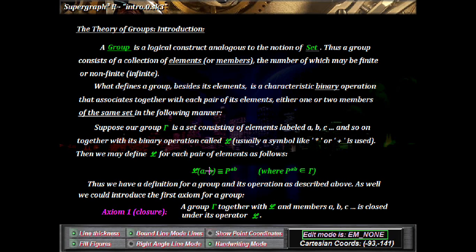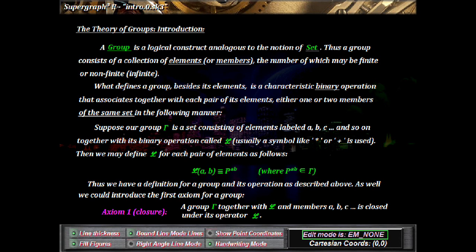There are only four possible combinations of the two different objects, right? And I've assigned for each pair a single element from the same pair of numbers, and that would be a definition of an operation.